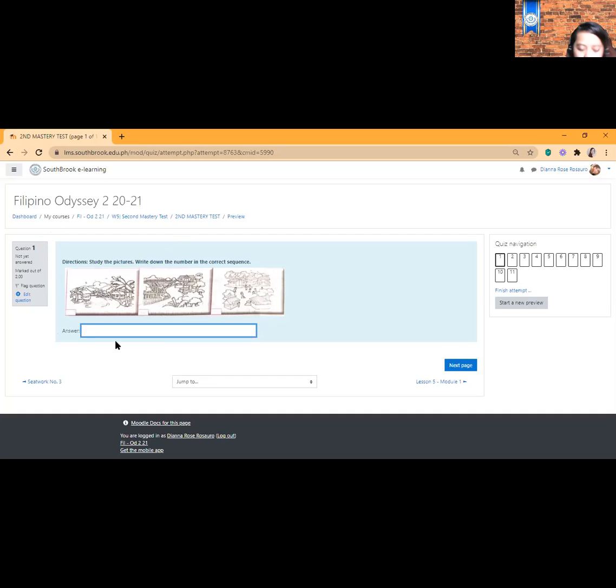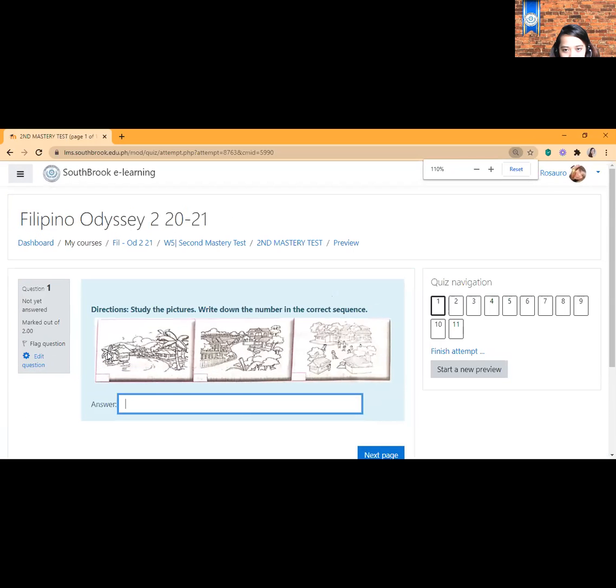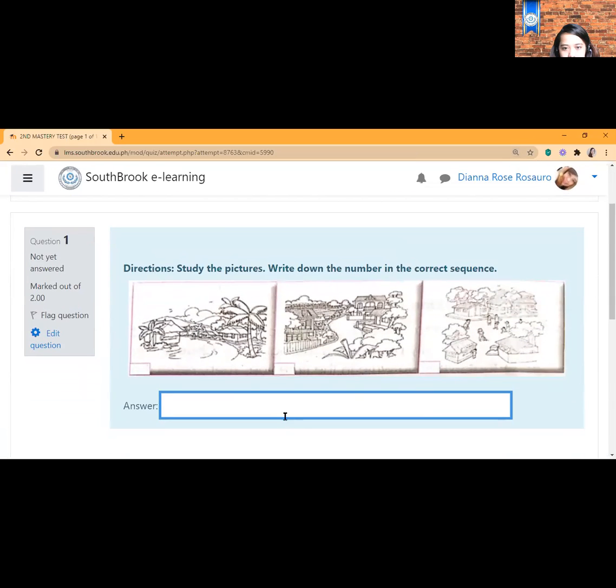So look at the picture here. Let me just get it closer. Which picture do you think is the oldest and which picture do you think is the modern one? Take a look here. Before, the houses are way too far, there's still water in it, and now it's becoming more and more modern.